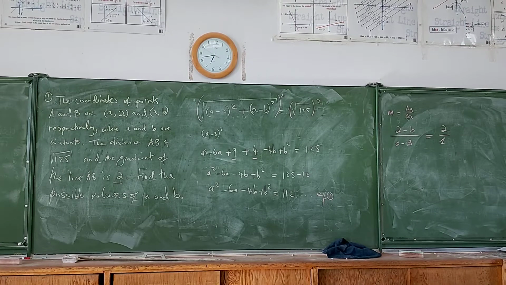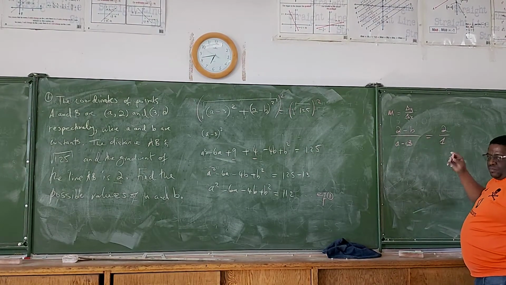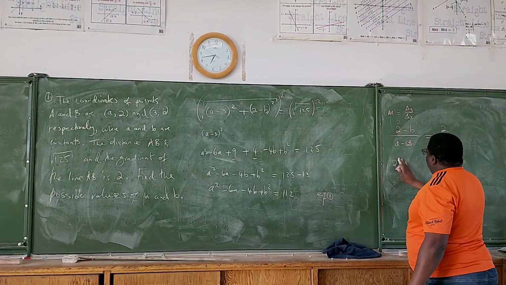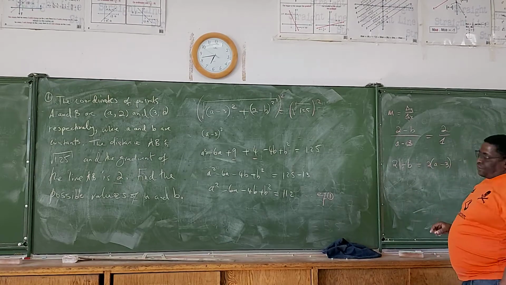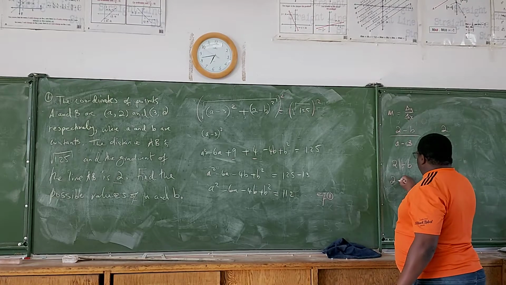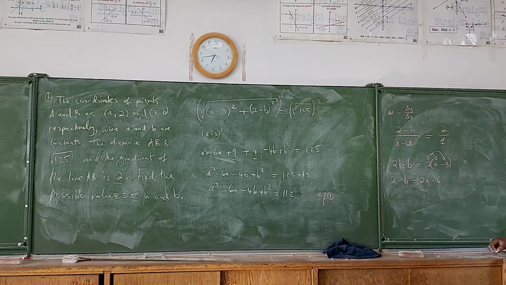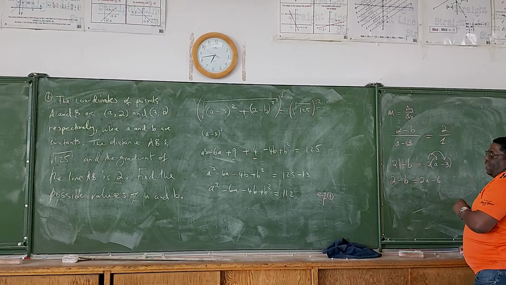Right, so we can play a little bit here. We can create another equation. If you cross multiply, that's going to be 2 minus b equals 2 times (a minus 3). Multiply, so that gives you 2a minus 6. So you want me to make b the subject of the formula. But remember, it's going to have an a.